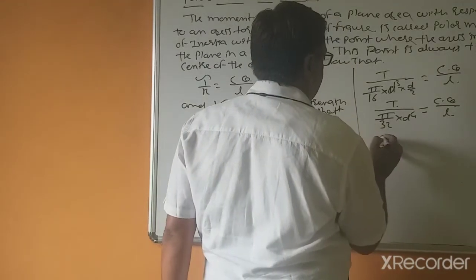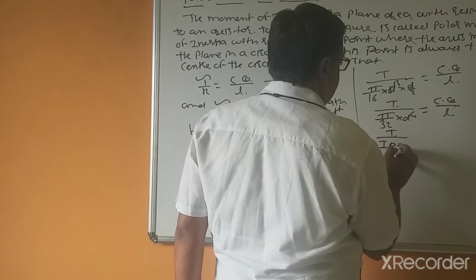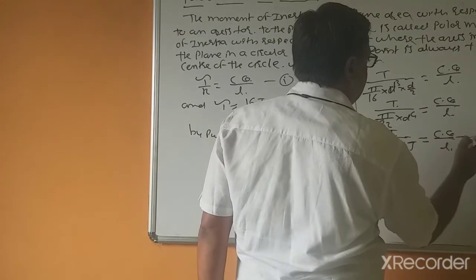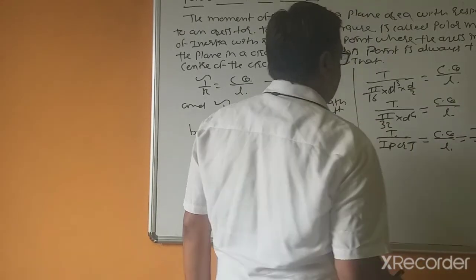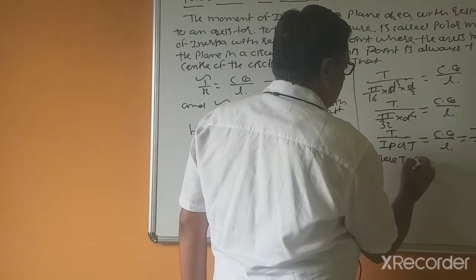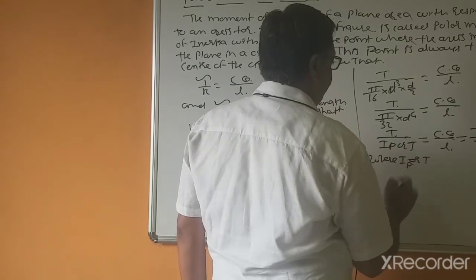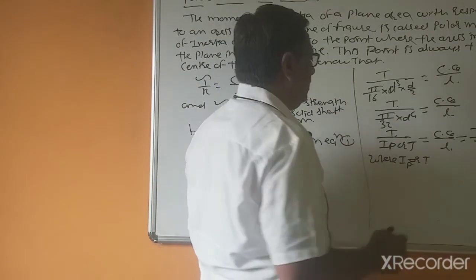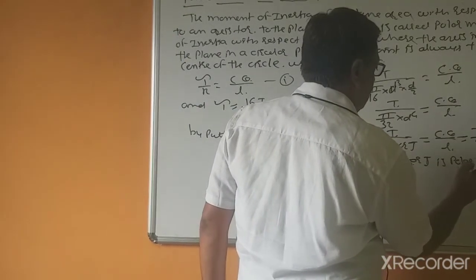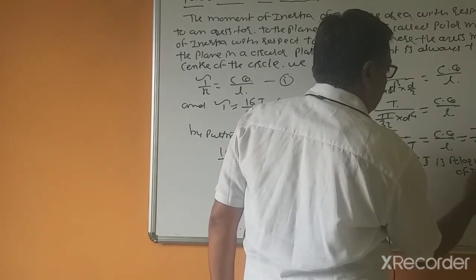So here t divided by polar moment of inertia, or J, equal to c theta by L, where this is polar moment of inertia, IP or J.